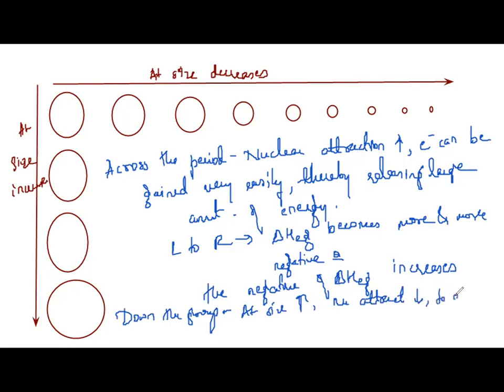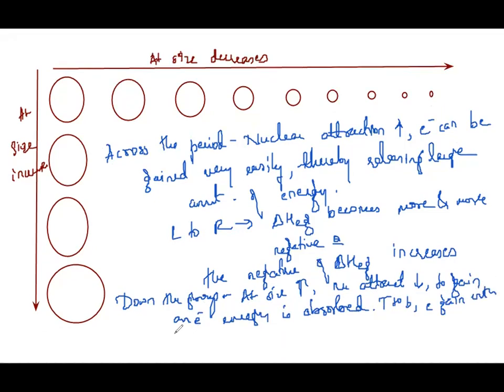Therefore, to gain an electron, energy is absorbed. So down the group, as you move from top to bottom, electron gain enthalpy becomes less and less negative, or in this case it is not negative.